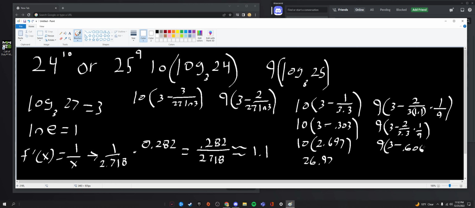Now it repeats, which is a little annoying, but we're just going to use a shorthand decimal approximation. So then we would ultimately have 9 times 3 minus, we do multiplication first. So, oh, PEMDAS.